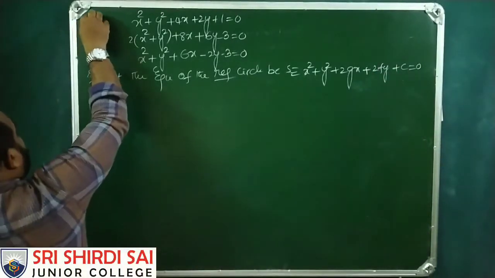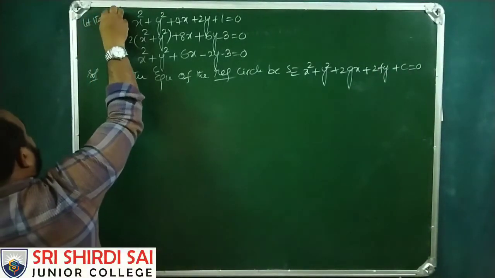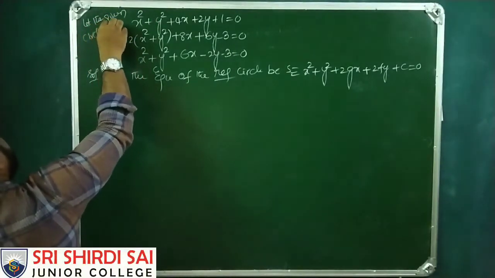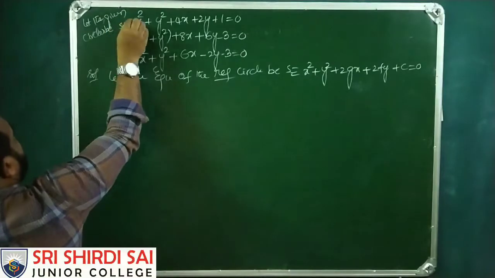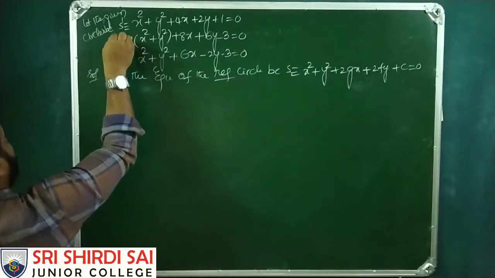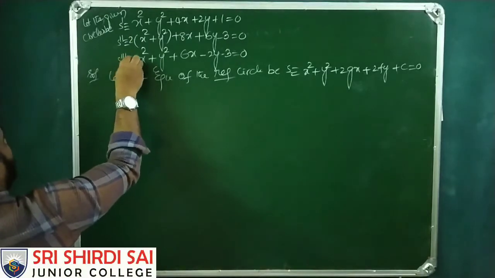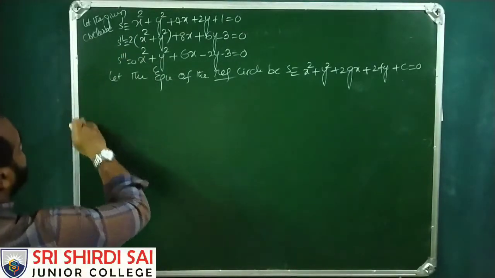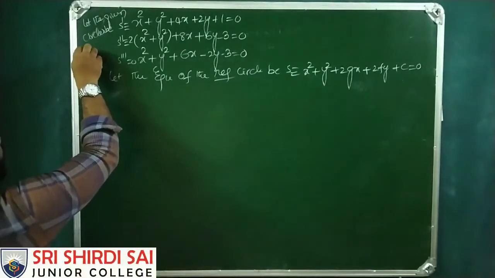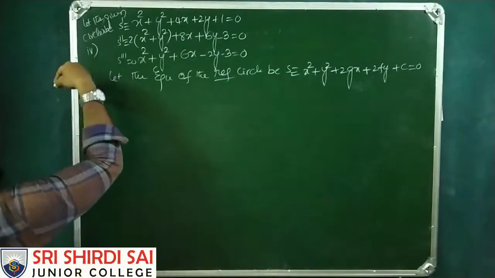Let the given circles be S', S'', S'''. This is the last problem, fourth bit.